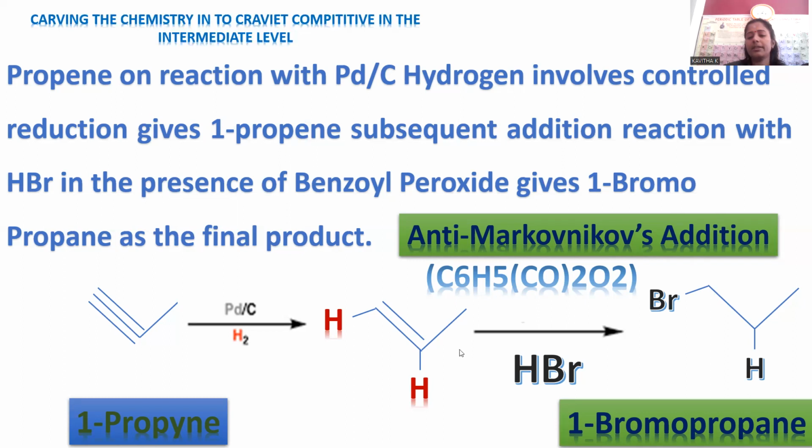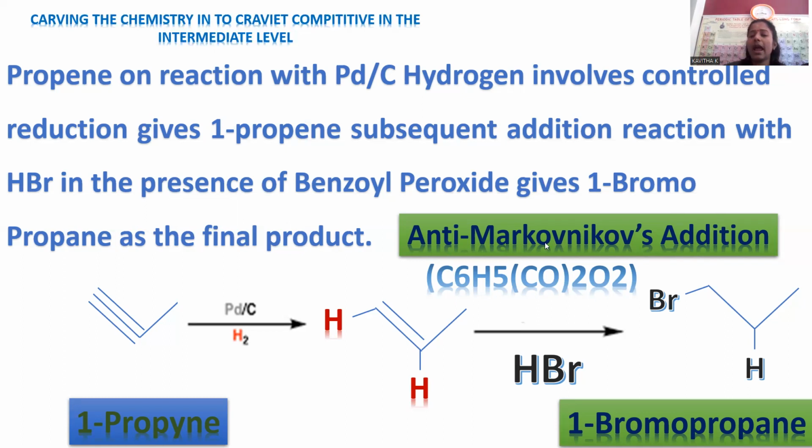One end will be added with hydrogen, and the other end is added with bromine. But the anti-Markovnikov rule says that the negative part of the reagent will be added to the carbon having more hydrogens under peroxide conditions.